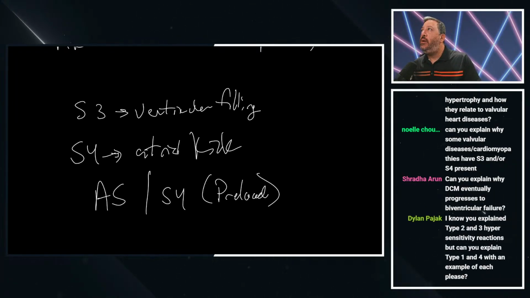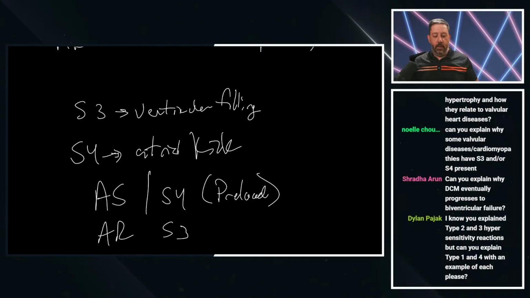Okay, aortic regurg may have an S3 present. Okay, so it's ventricular filling, it's blood coming in. With aortic regurg, you're getting blood coming in two different areas. Remember, you're having ventricular filling, so you're getting a big bolus of blood from the atria and from the aorta coming in, gives it a big drop.